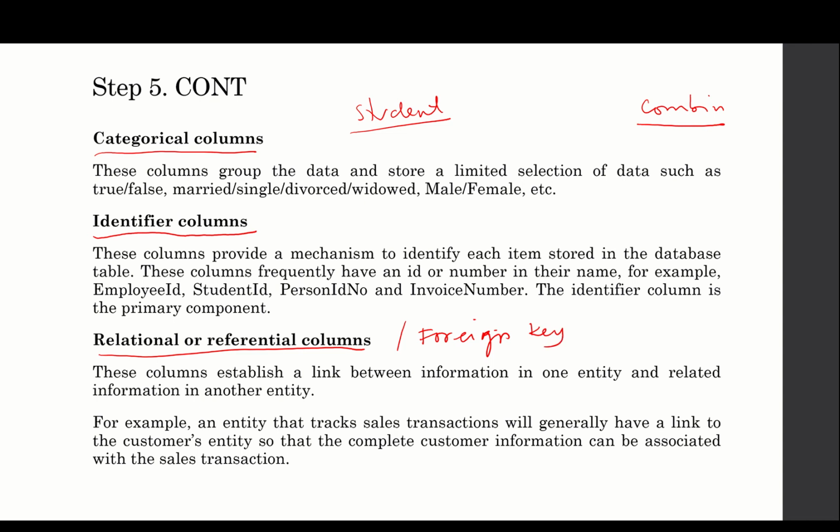We'll understand this well in the next unit. For example, an entity that tracks sales transactions will generally have a link to the customer entity. Which means it's the customer who has made a given transaction.